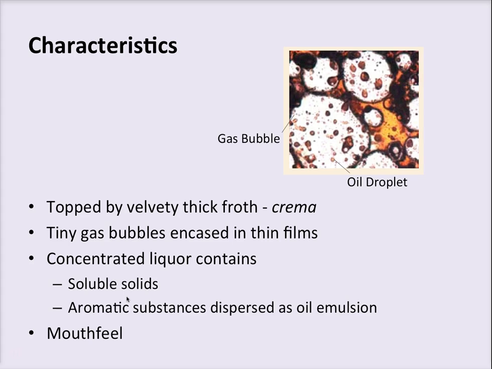When we see a good espresso, it's topped by a velvety thick froth, what they call the crema. And these tiny gas bubbles actually encase very thin films, and it concentrates. The concentrated liquor itself contains soluble solids and aromatic substances that are dispersed in this very oily emulsion.